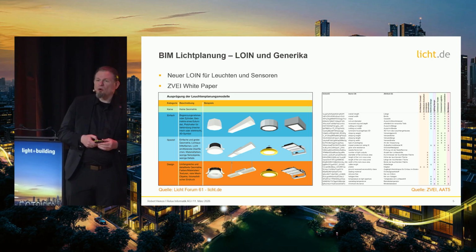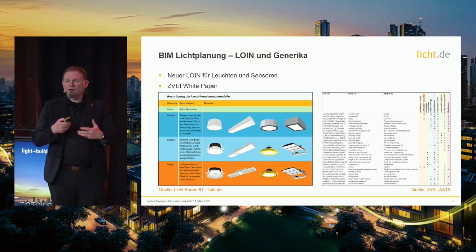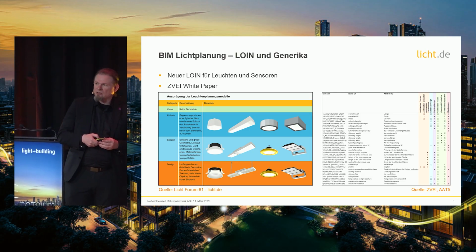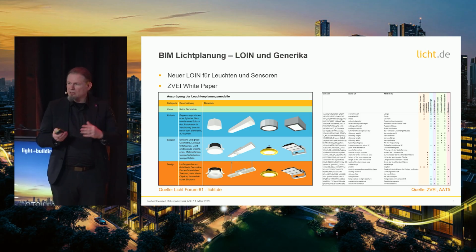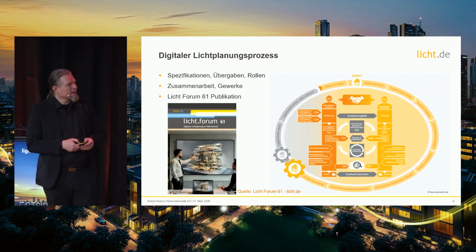And you find the granularity which you need. You need LOD and LOIN in order to know how much data you need. It's not good to have too much data or too little data. It's difficult to get the quantity of data right, and this helps us to improve communication.